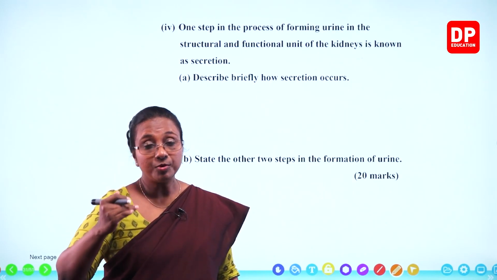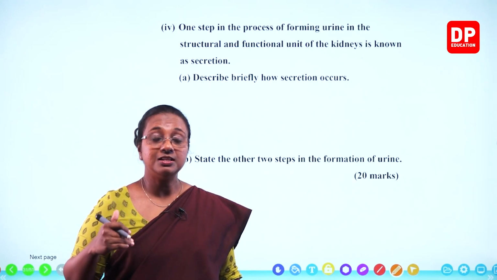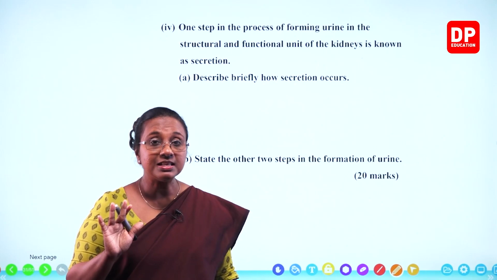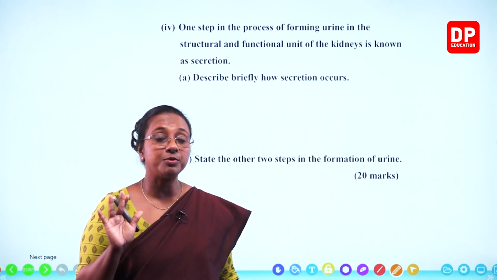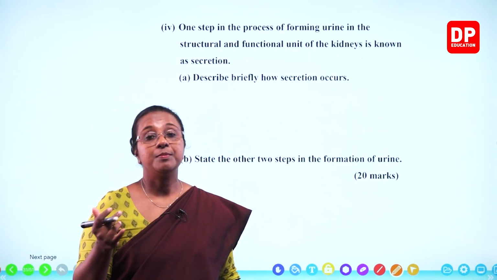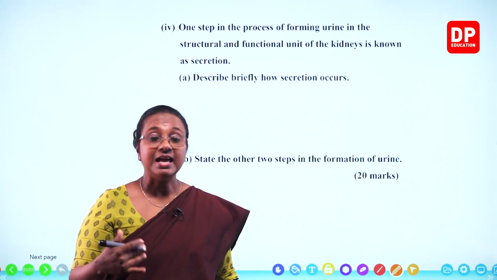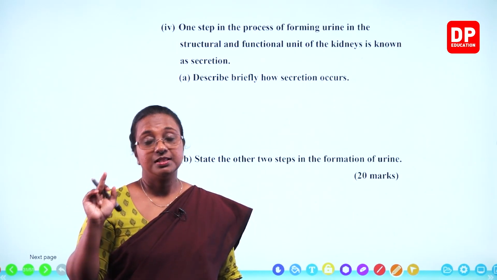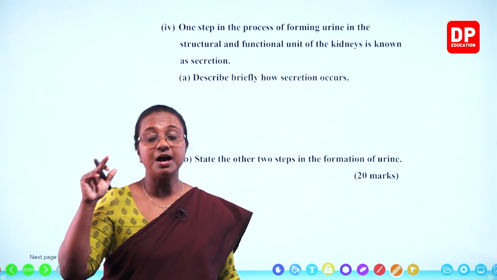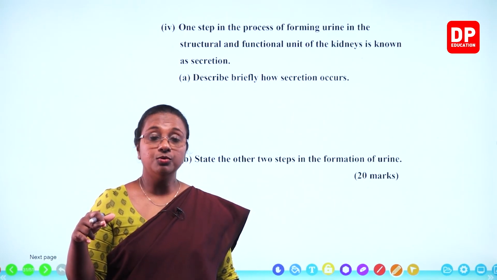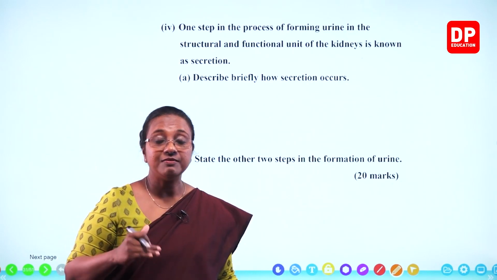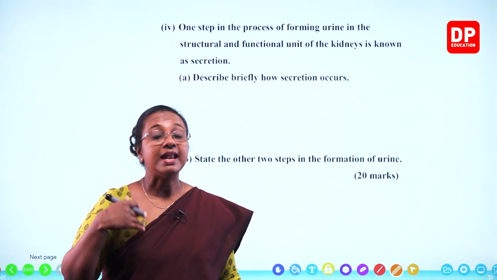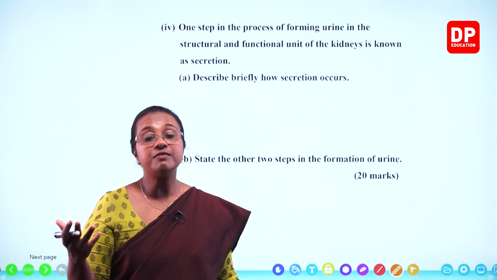Due to that, components from blood are filtered through the Bowman's capsule as Bowman's filtrate. But blood cells and plasma proteins do not get filtered. All the other components get filtered, and when they are passing through the descending arm, the ascending arm as well as the Henle's loop, there is selective reabsorption. Many of the components are reabsorbed, and thereafter there is secretion of substances.